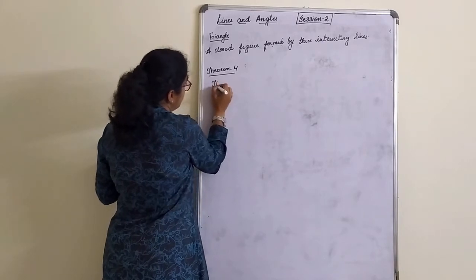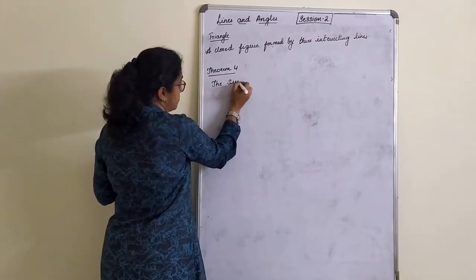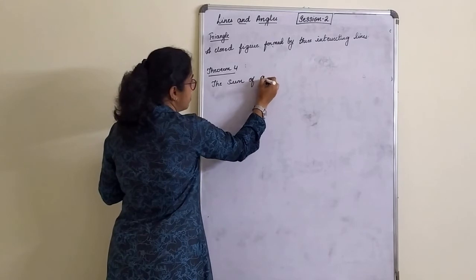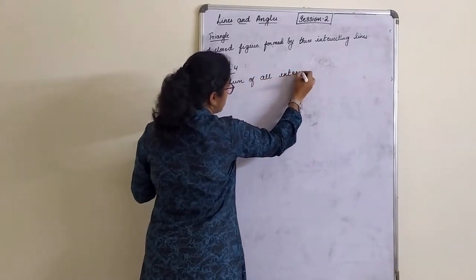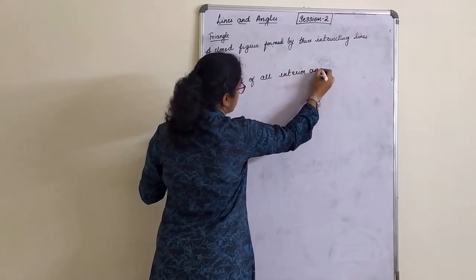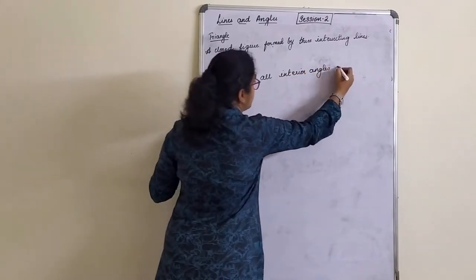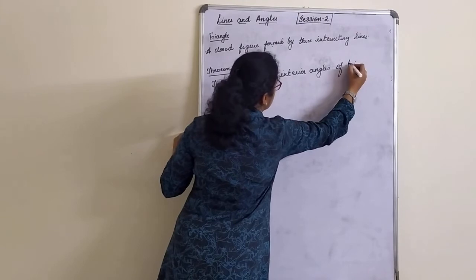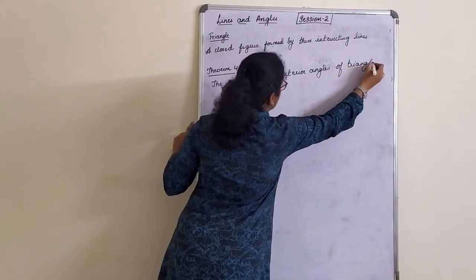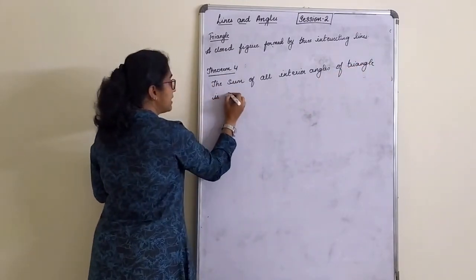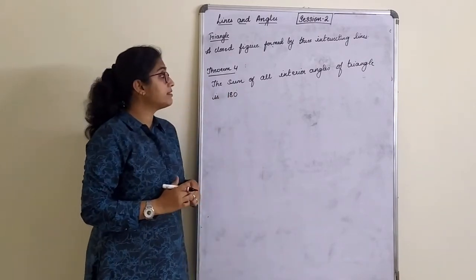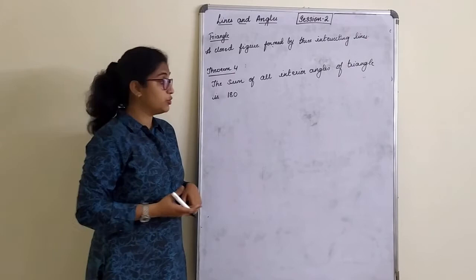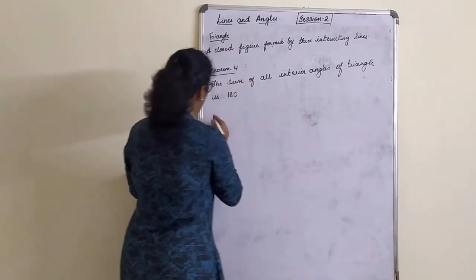The sum of all interior angles of a triangle is 180, or we can also say the sum of interior angles of a triangle is supplementary. Both can be used. Okay.